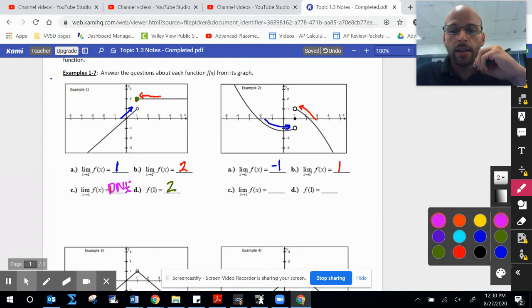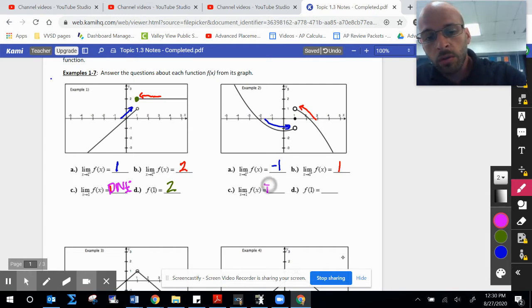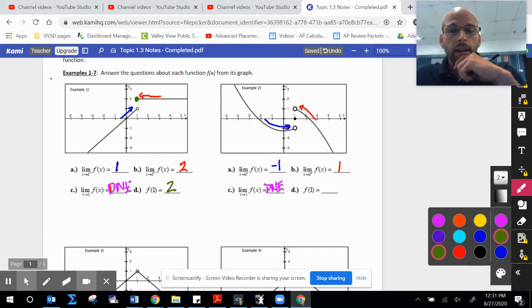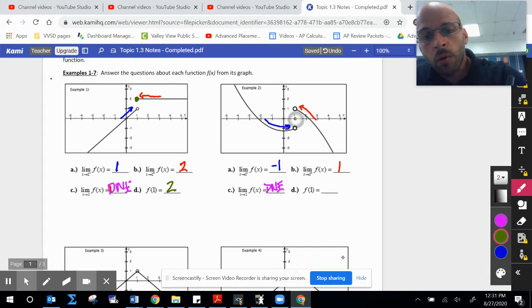Then the two-sided limit, because those go to different values and aren't equal, does not exist. For the last part, the output at 1 is going to be where the filled in circle actually is, and that is going to be at the y value 0.